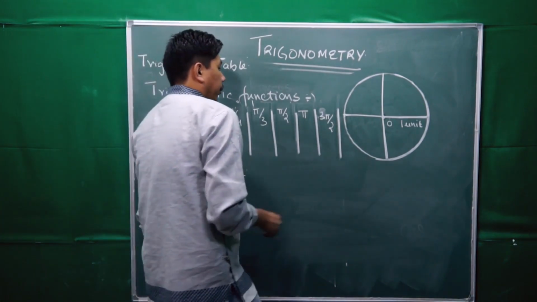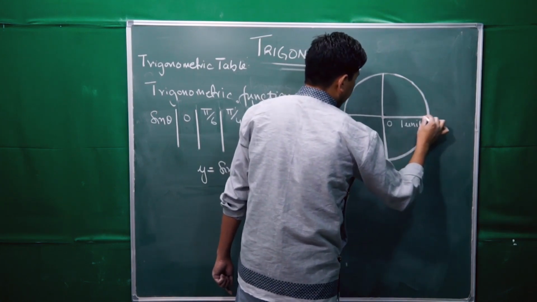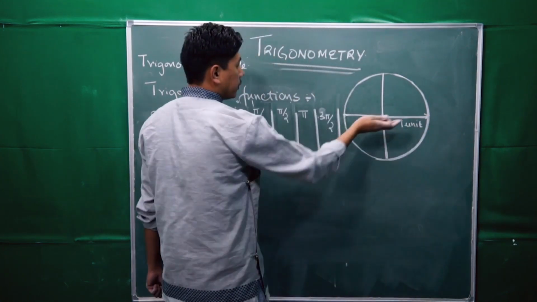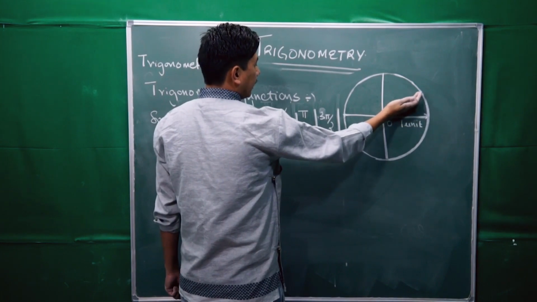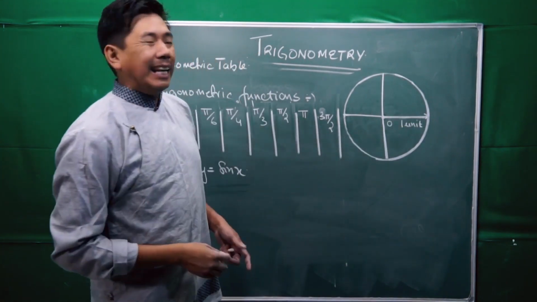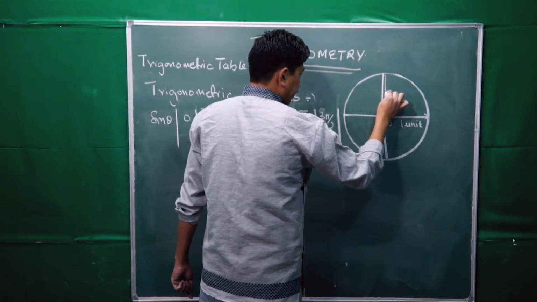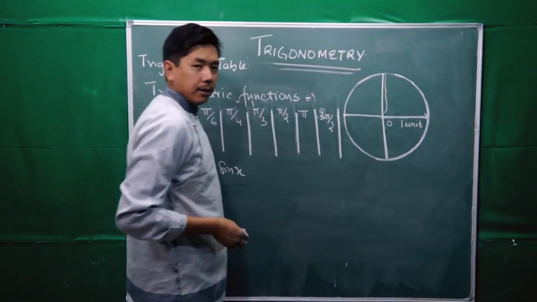So what happens is, as we move this ray, or as we move this radius by certain angles, what is going to change is the length of this side. Okay.